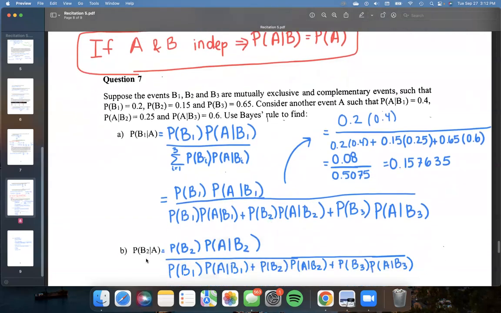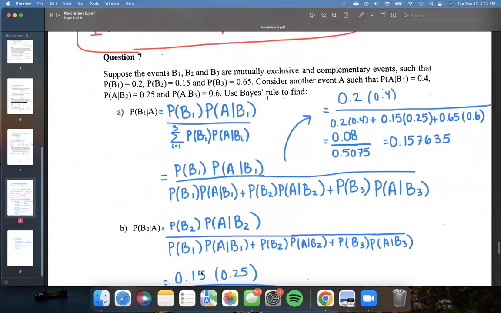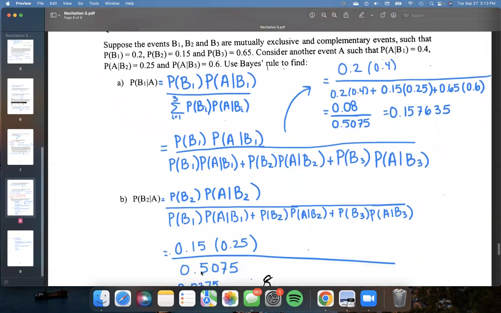To find the probability of B2 given A, it's similar, but our numerator changes because now we're dealing with B2. So the probability of B2 times the probability of A given B2, and our denominator stays the same as above.